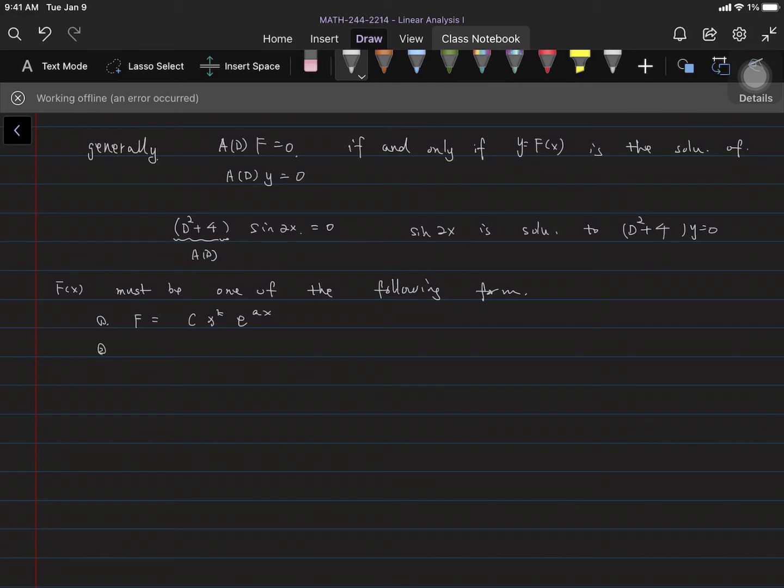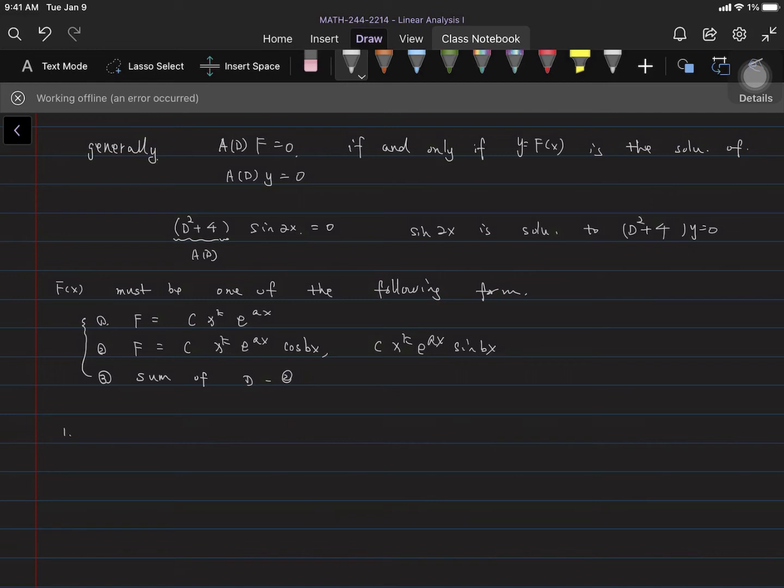And then we have the forms corresponding to the complex number: x to the k e to the ax cosine bx, or x to the k e to the ax sine bx. Number 3, the sum of 1 and 2. So the right side must be one of the following forms. Then we can find our A(D) from that later.